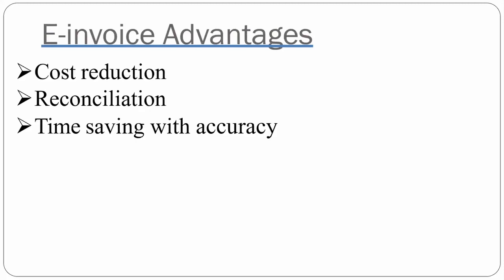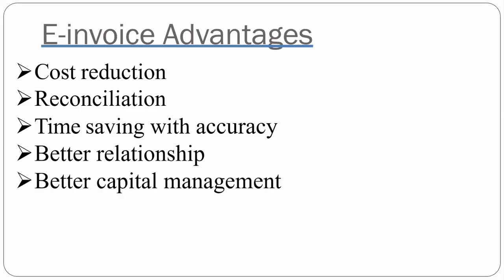So as what I see, cost reduction is a definite case, along with time saving with accuracy, reconciliation, better relationship with vendors, good capital management, and paper elimination. Friends, digital invoice is helping to move along in the AI space, as the government is requesting technology providers to come and help in reducing paper and labor.